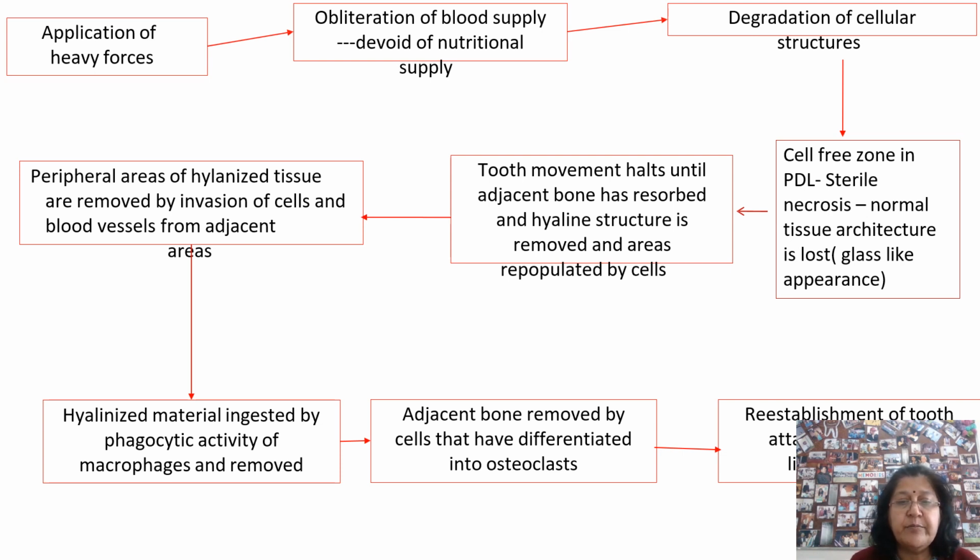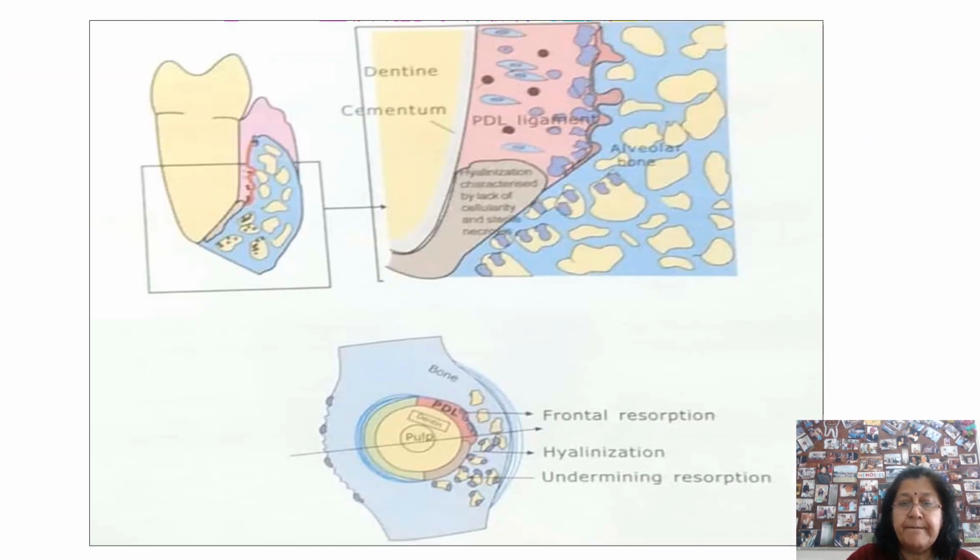The adjacent bone is removed by cells that have differentiated into osteoclasts, and there is re-establishment of the tooth attachments. So in this you can see the hyalinized zone that has been formed, which is cell-free.